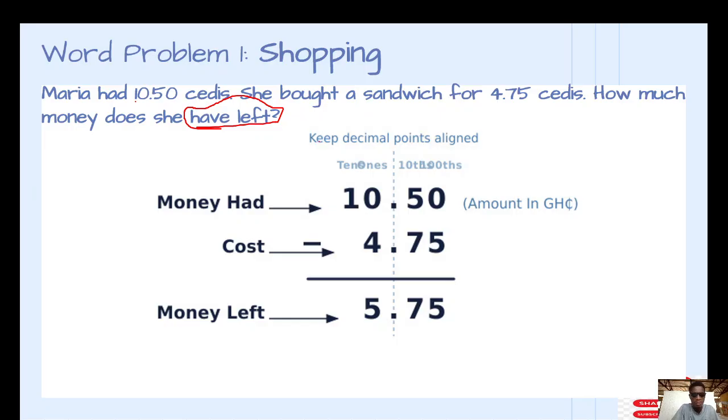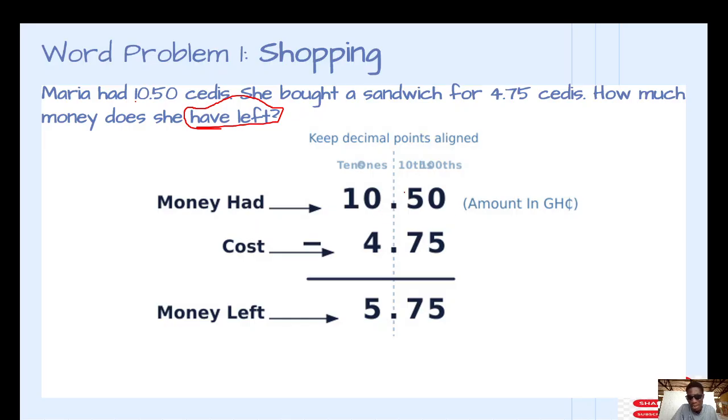So in writing this mathematical statement, we have to get the money she's having as her personal money. She set out to go and buy the sandwich. That is 10.50 cedis. And then she was able to use 4.75 out of that money. So you align it perfectly.